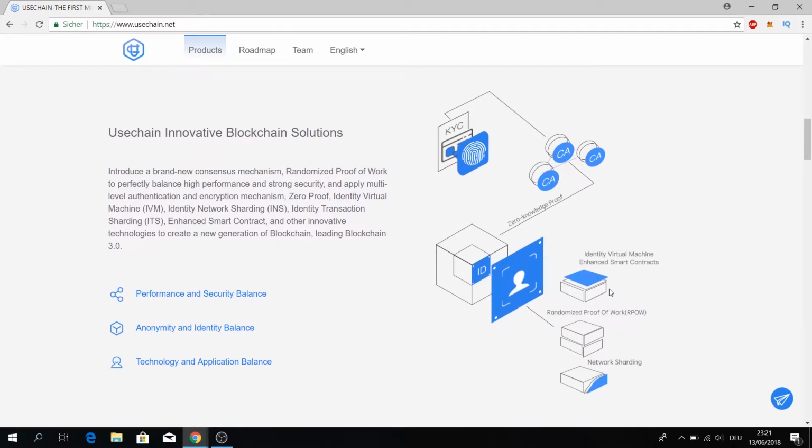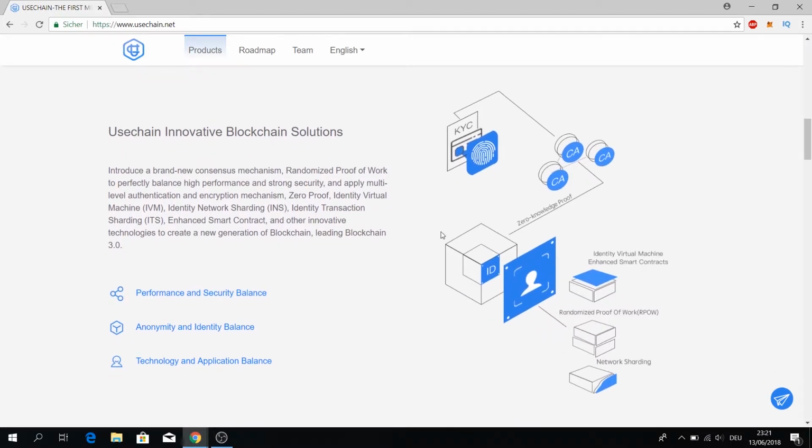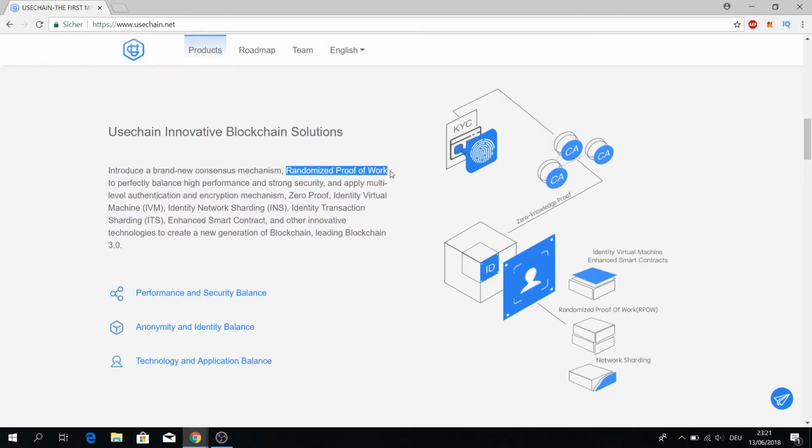Like I said, it's an innovative blockchain. They are trying new things. One of the things that is new is the randomized proof of work. As you probably know, Ethereum and Bitcoin use the proof of work concept.